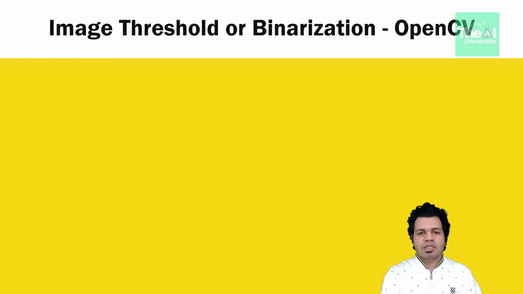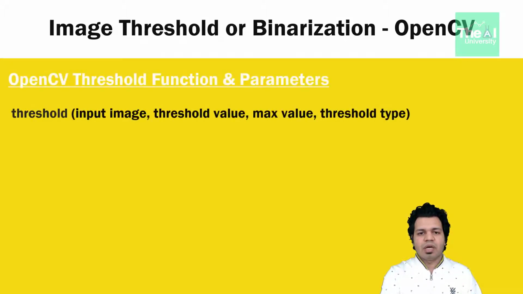Now this function takes several arguments, and number one argument is the input image on which we want to apply thresholding. Second argument is the threshold value, which is used to classify the pixel values. Third argument is the maximum value, which is assigned to pixel values exceeding the threshold. And fourth argument is the threshold type, which provides different types of thresholding methods.